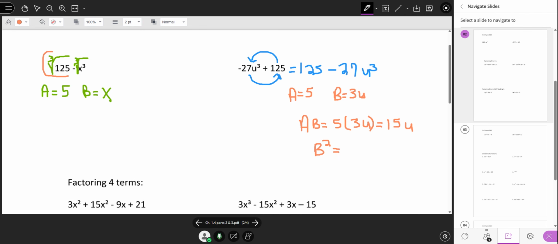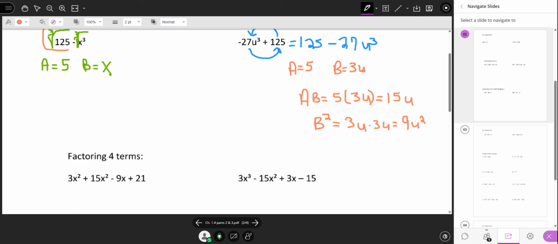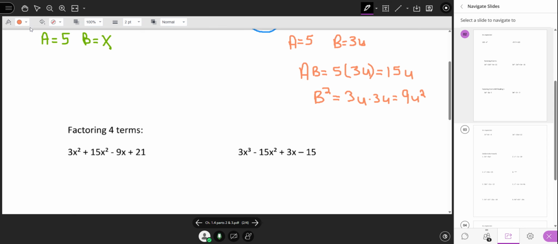Remember, when you square something, you take it times itself. So 3u times 3u, so 3 times 3 gives us 9, and u times u gives us u squared. So that kind of gives you a little bit of help in working those two.